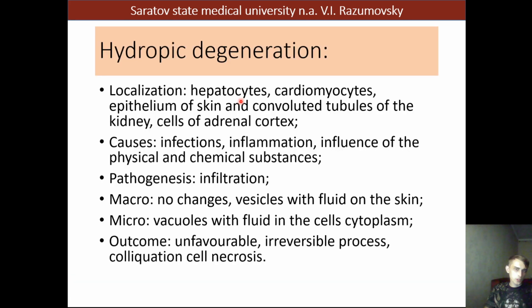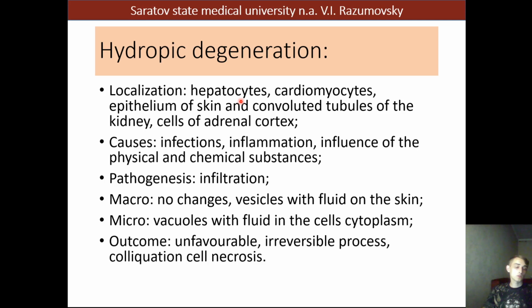Hydropic degeneration. Hydropic degeneration is associated with disbalance of salt balance in our organism. Localization may be in hepatocytes, cardiomyocytes, epithelium of skin, and convoluted tubes of the kidneys, and cells of the adrenal cortex. Causes are infections, inflammatory reactions, and influence of physical and chemical substances. Pathogenesis is infiltration.